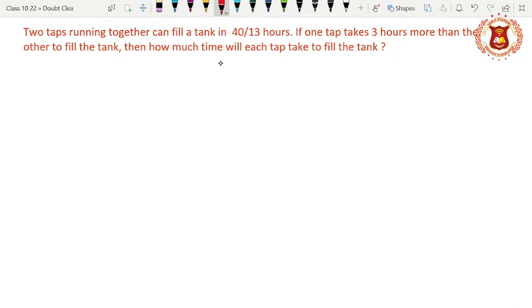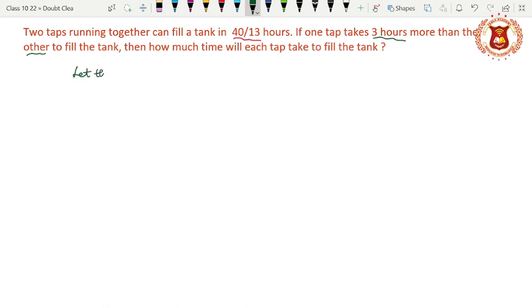In this problem, they have given that two taps running together can fill a tank in 40 by 13 hours, right? Now, one tap takes 3 hours more than the other. Therefore, let us take the variables here.